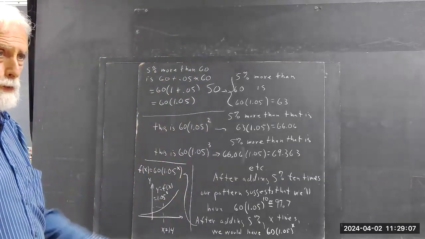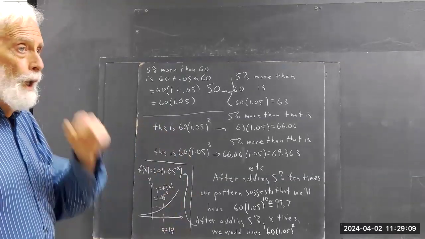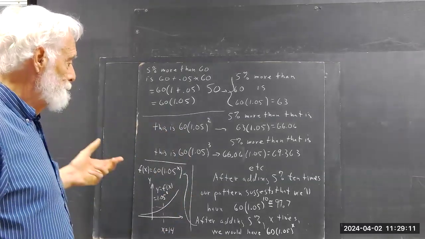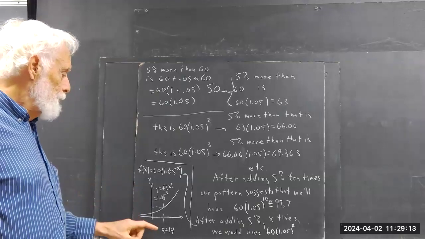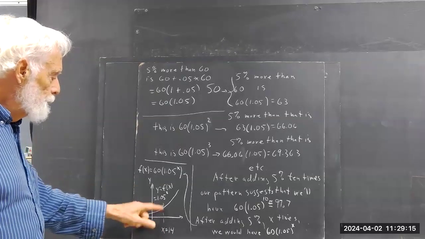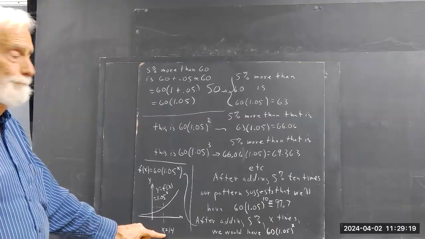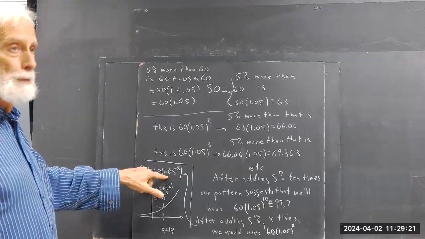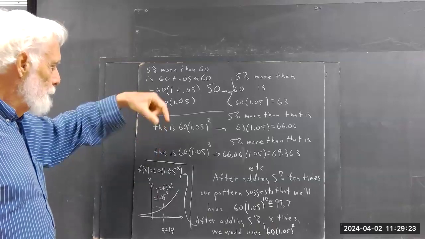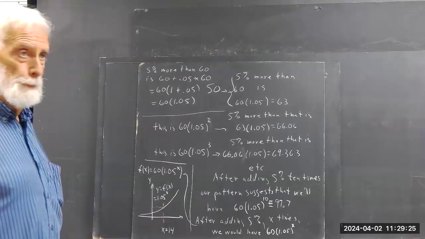There's this thing called the Rule of 70 or Rule of 72. Very easy rule to use. It tells us that this thing doubles approximately in 14. If you add 5% 14 times, you can double that.